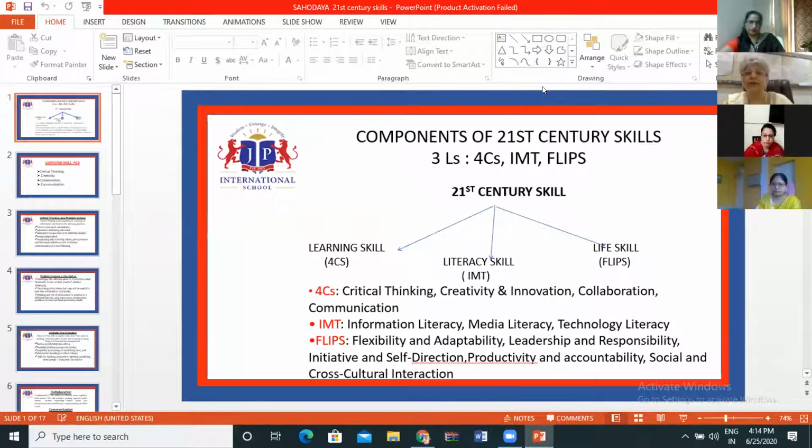During the CBSE workshops also, we have understood that, by WHO, they consist of 10 major life skills. So here they have given a short form as FLEX. That is flexibility and adaptability, leadership and responsibility, initiative and self-direction, productivity and accountability, social and cross-cultural interaction.